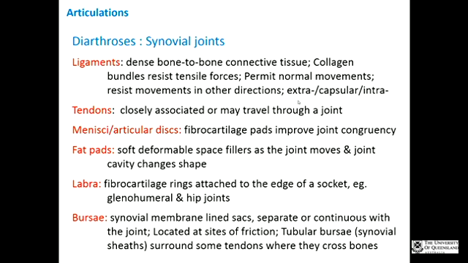So extracapsular are the things like the medial collateral ligament at the knee, or the lateral or fibular collateral ligament. They sit outside of the capsule. Some of them are actually blended in to the capsular wall, and others, such as the anterior and posterior cruciate ligaments of the knee, are actually found inside. They're intracapsular ligaments.